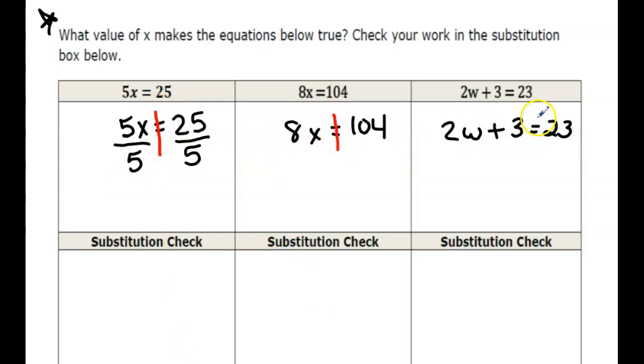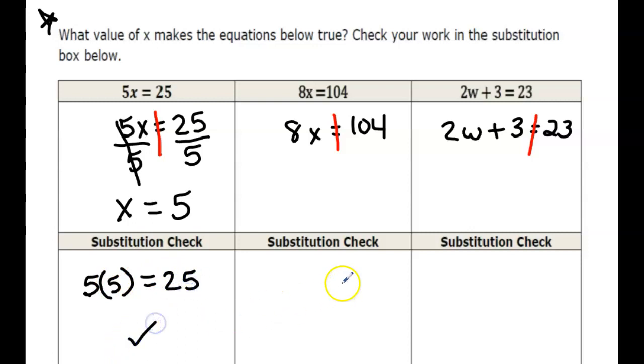We want to make sure that we are performing the operations on both sides. 5 divided by 5 equals 1, so they will cancel. And x equals 25 divided by 5, which is 5. And we can check this by multiplying 5 times 5, substituting that 5 in for x. And 5 times 5 equals 25, so it does check out.